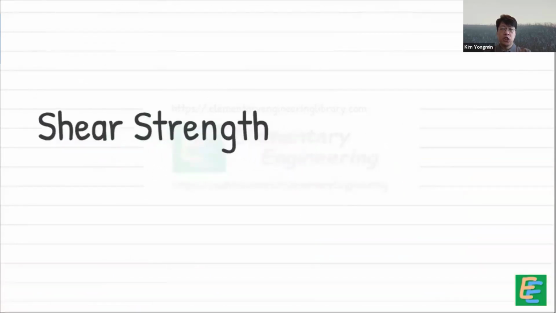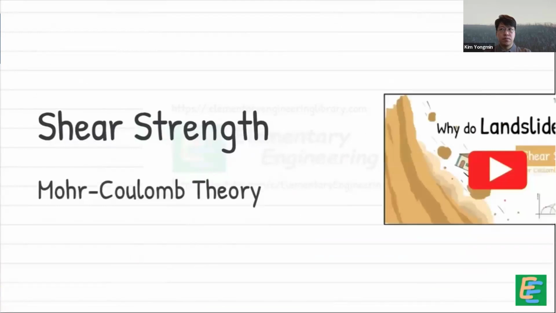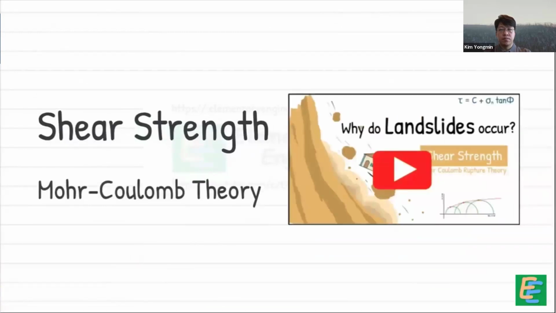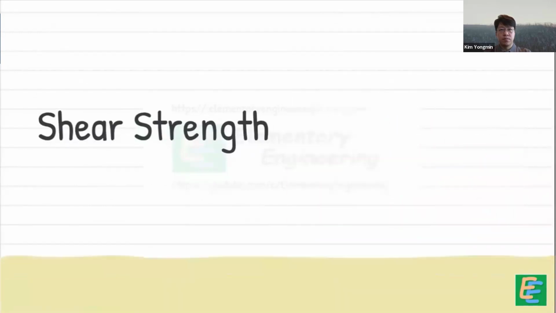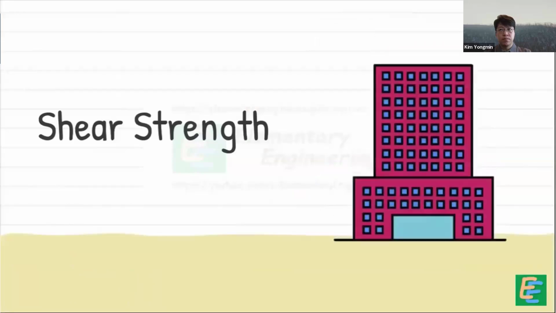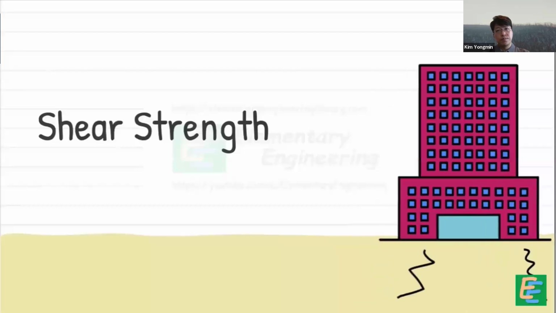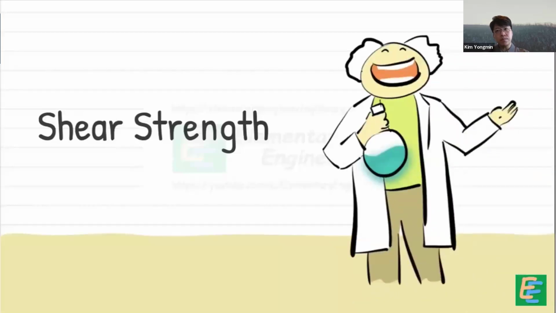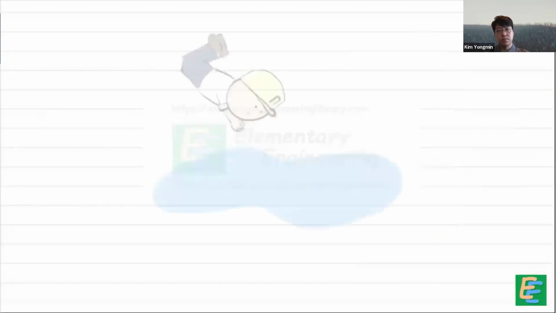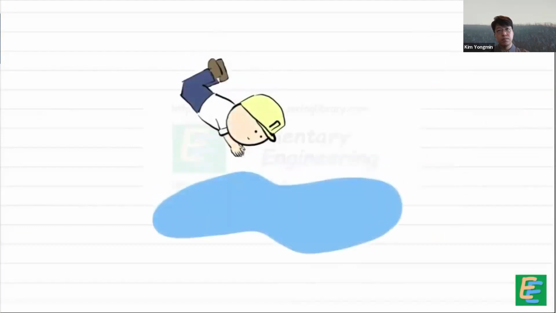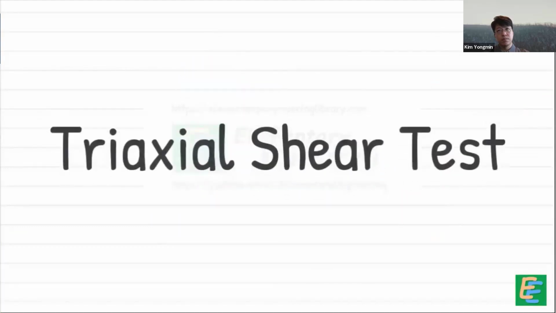We explored shear strength and how it's described by Mohr-Coulomb theory in our previous video. We want to know the shear strength of the soil, and how much load it can withstand before it shears or cracks, making the structure above unsafe. To determine the shear strength of the soil, scientists have developed different methods. Today, we will dive into one of these methods, the triaxial shear test.